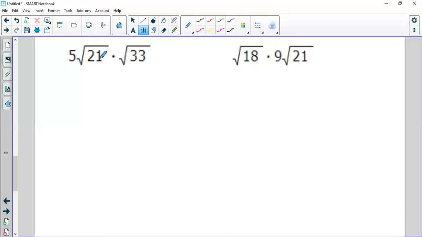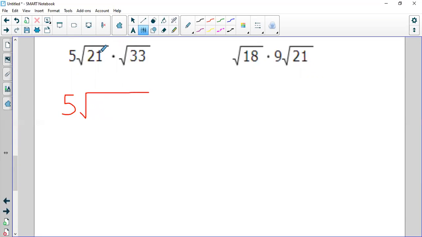5 times the square root of 21 times the square root of 33. Well, no coefficient here, so I know I'm going to have a 5. Square root of, and 21 is 7 times 3. That can't break down. There's no perfect squares. 33 is 11 times 3. That doesn't break down to perfect squares. But notice both times I said 3. Because if you multiply 33 times 21, you're going to get 693.